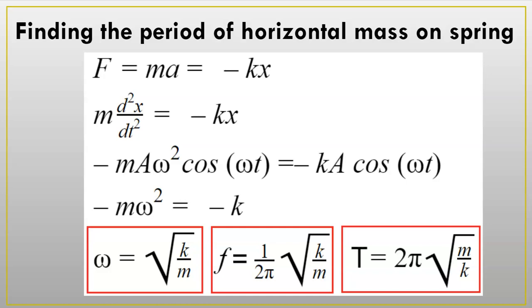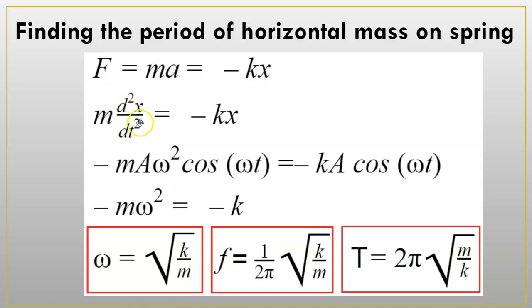And I'm going to kind of gloss over this. It's got some calculus in the middle, a differential equation specifically, and I'm not so much interested in you being able to do that, but just to kind of see where this gets set up. We know that F equals ma, and that the force that's driving a mass on a spring is kx, and specifically negative kx because the force is in the opposite direction of the displacement.